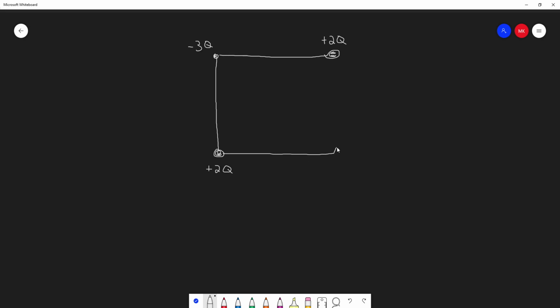And over here, we have a negative q. And we're given this point P right in the middle of this square. And we are given these distances D.